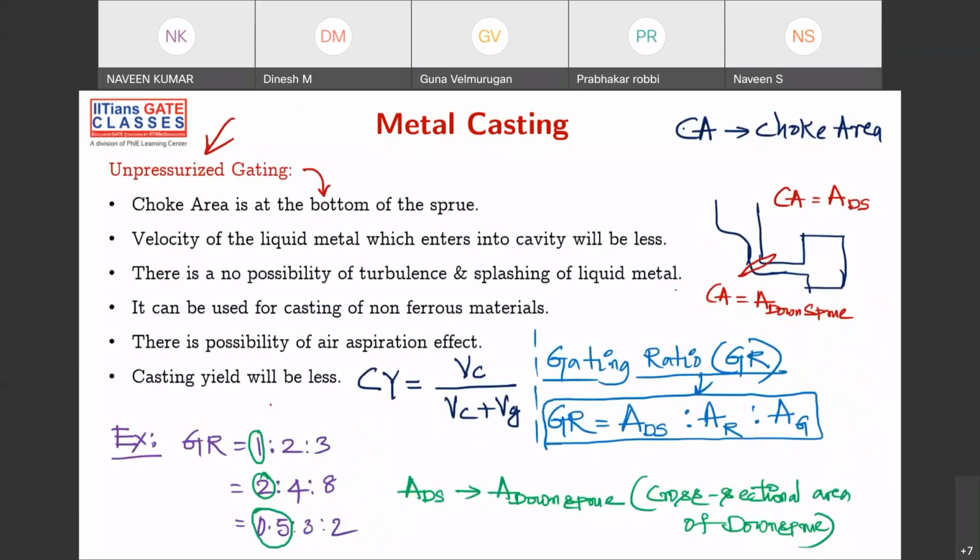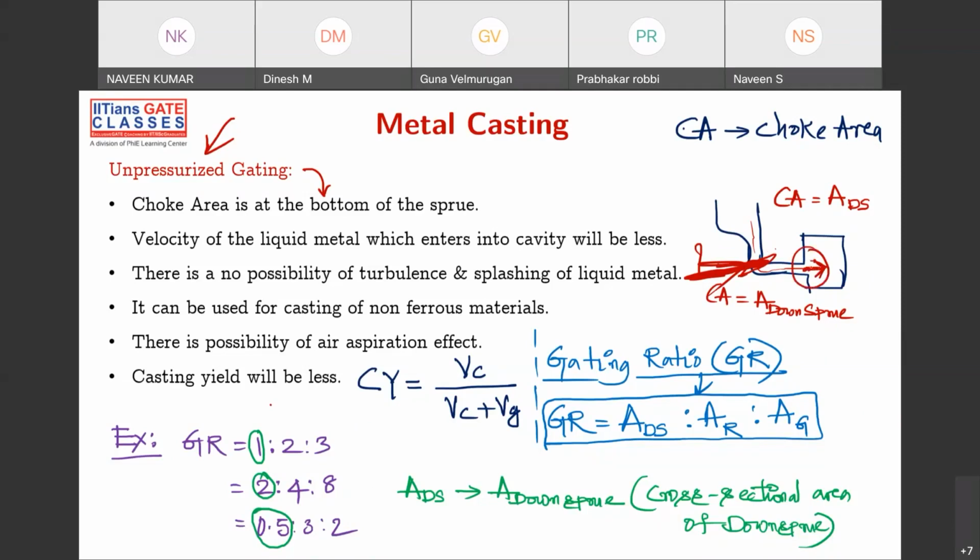If the minimum cross section of the complete gating system is at this point, then obviously this is called unpressurized, because your choke area is less here. By the time the liquid comes here, you won't have much pressure at this point. So that's the reason why this is unpressurized.